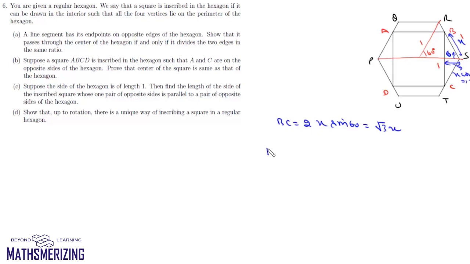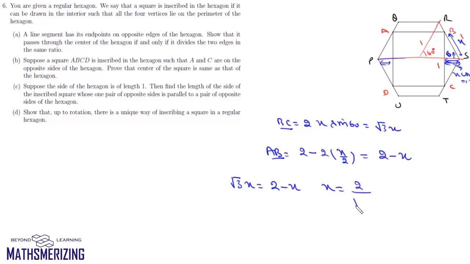So we can find AB, and this AB will be this distance, which is 2 units, minus, we have this symmetry, so this distance will be same, so it will be 2 minus 2 times x by 2. So value of AB simply will be 2 minus x. Now BC and AB are sides of a square, so from here we can say root 3x is equal to 2 minus x. So from here we'll get the value of x as 2 upon root 3 plus 1, or we can simply say value of x is root 3 minus 1.